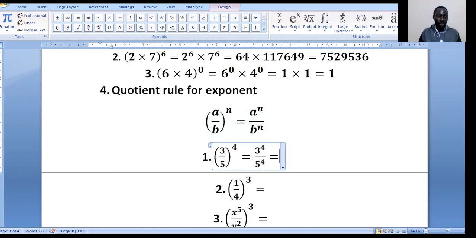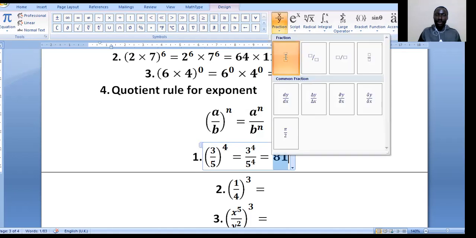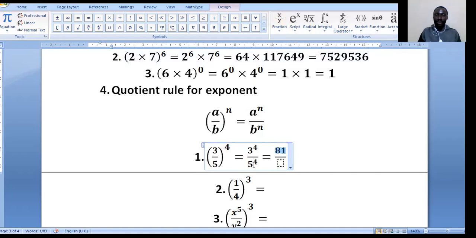So then in the next step, we get the simplified values. That is, we will now raise 3 to 4, so that we get 81. This 81 has got to be divided by what we get when we raise 5 to 4, that is 5 exponent 4, which will give us a value of 625, like that.